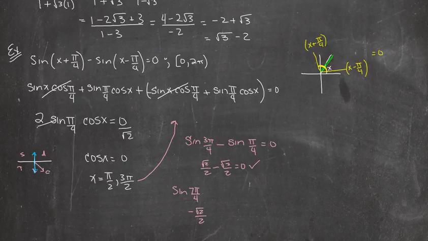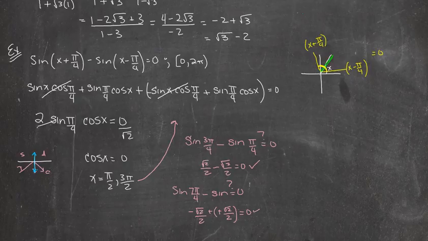And then from that I'm going to subtract the sine of x, which in this case is 3 pi over 2 minus pi over 4. Minus pi over 4 puts me in the third quadrant where sine continues to be negative, root 2 over 2, equals 0. These are question marks because we're checking. And so negative root 2 over 2 plus root 2 over 2 equals 0, so that is also true.